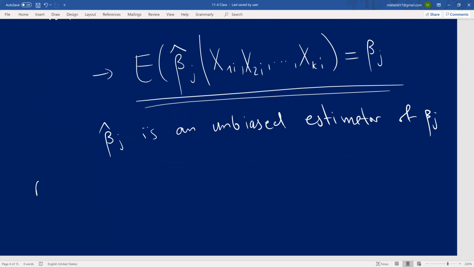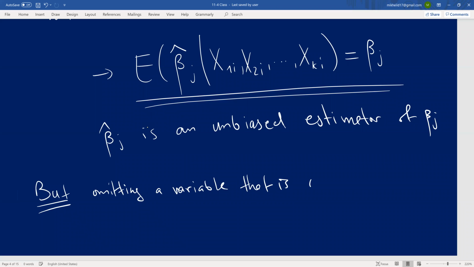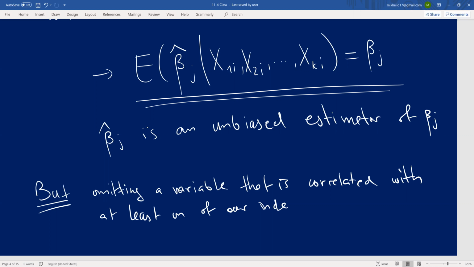But if there is a variable that is correlated with one of our x's and is omitted from the model, in that case, omitting a variable that is correlated with at least one of our independent variables, then you can guess, right?